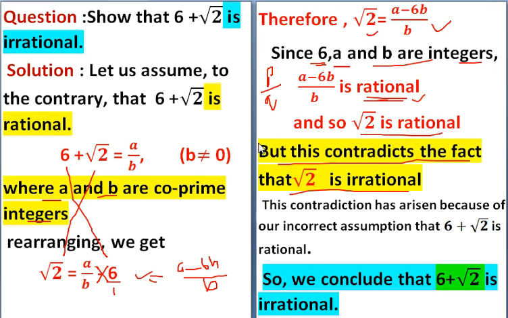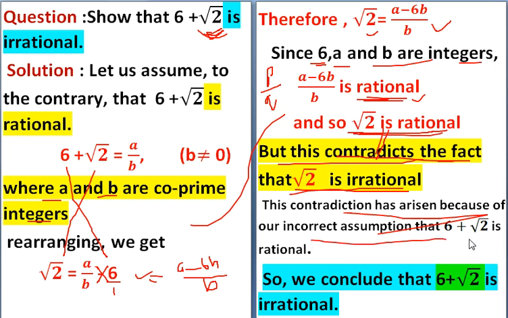irrational. In the starting I told you that the examiner knows that you know root 2 is irrational, and this contradicts the fact. By solving this process we get a minus 6b by b is rational, hence root 2 would be rational, but before this we know root 2 is irrational, so a contradiction is found, and this contradiction arises because of our incorrect assumption.